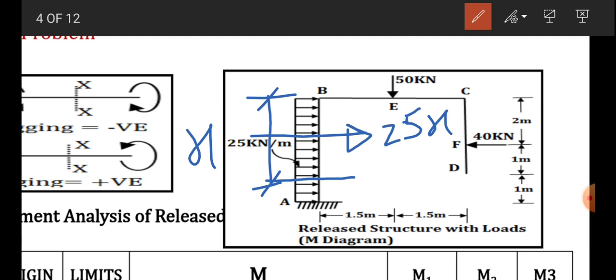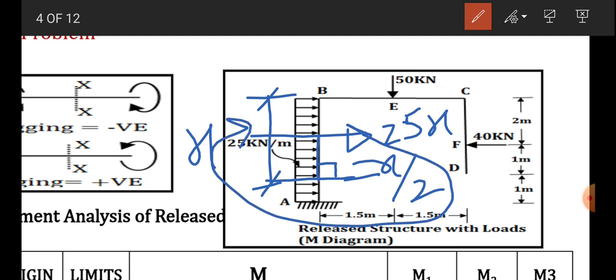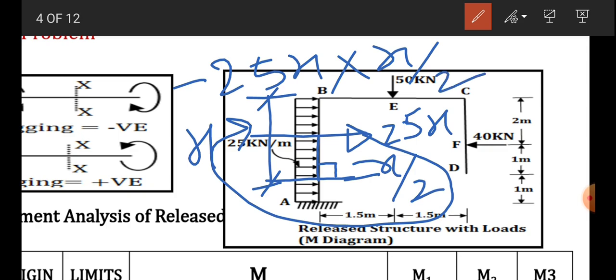If you rotate about the horizontal, it will rotate in a clockwise sense. So the value will be minus 25 into x into x by 2. This is the moment due to the UDL.